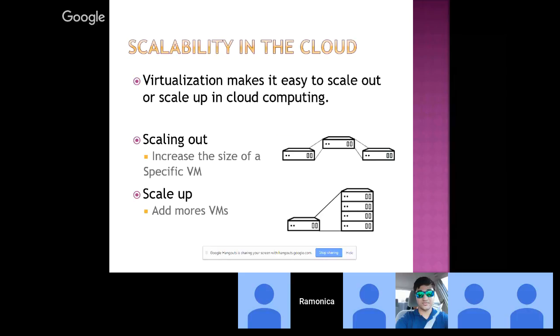I think your slide shows it wrong, because scaling out, at least in my understanding, is when you increase the number of nodes. Scale up is similar to the vertical versus horizontal scaling that Brett was talking about. Scale up comes from vertical scaling, when you increase the properties of a single machine, but scaling out should be associated with horizontal scaling, when you increase the number of nodes.